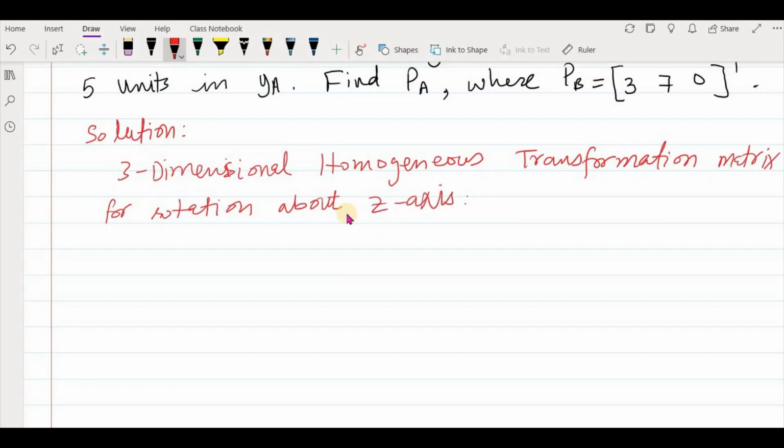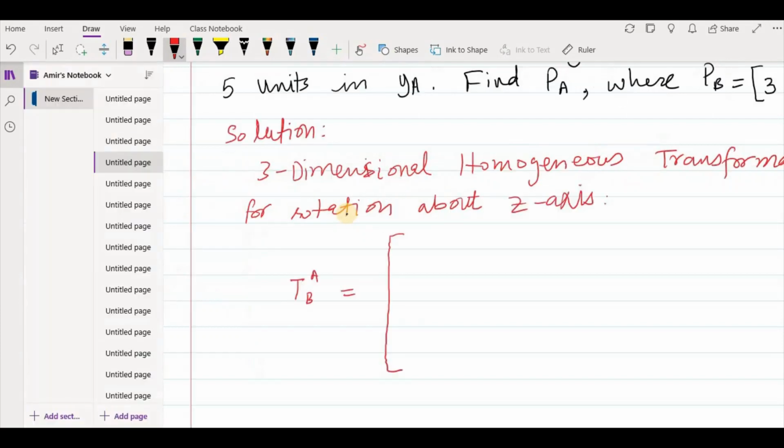So this transformation matrix, you can call it the transformation from your frame B to frame A. This is equal to... so what was that? We calculated it in the previous slide.